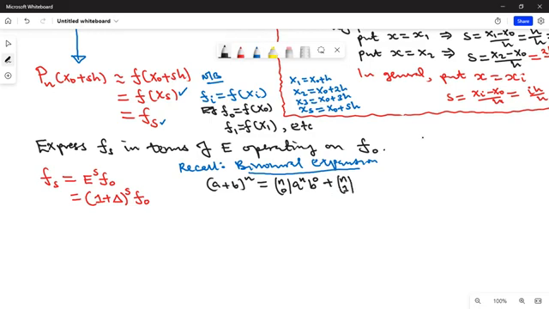Remember the combinations and permutations that you did in algebra? Those are the ones we're applying here. So a raised to n minus 1, b raised to 1, plus n combination 2, a raised to n minus 2, b raised to 2, plus so many other terms up to n combination n, a raised to 0, b raised to n. That is the binomial expansion.